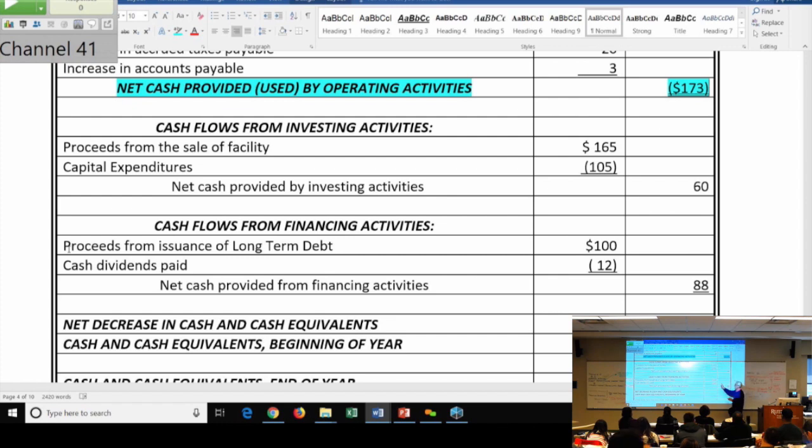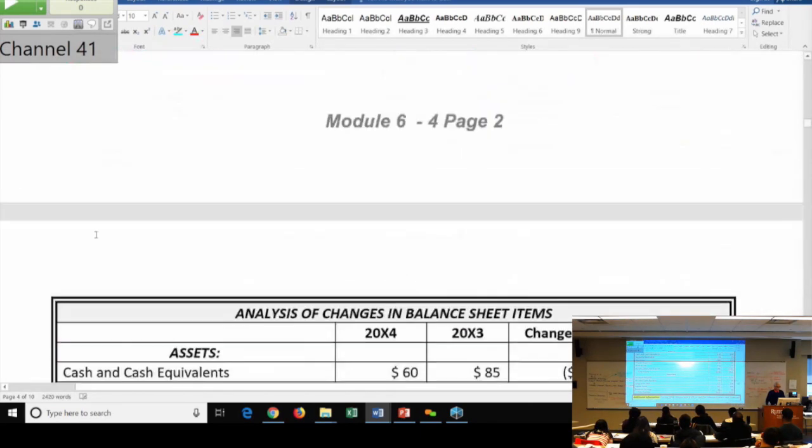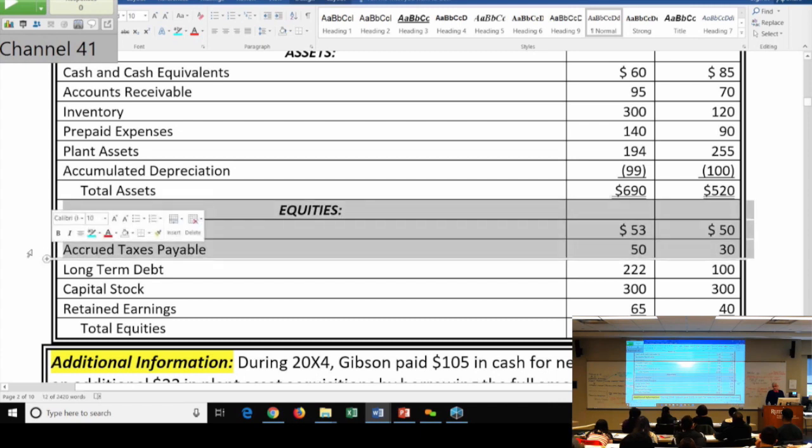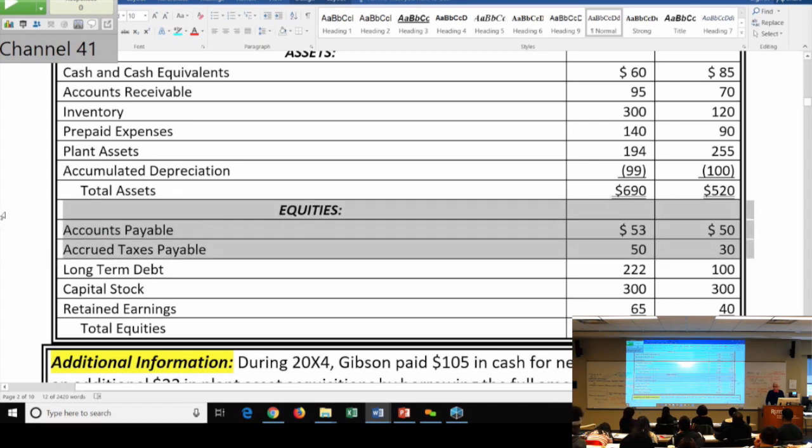And then dividends paid. How do we know they're paid? They were declared. How do you know they're paid? If you go back to the balance sheet, I do not see any dividends payable in here, which means that all dividends declared are paid.